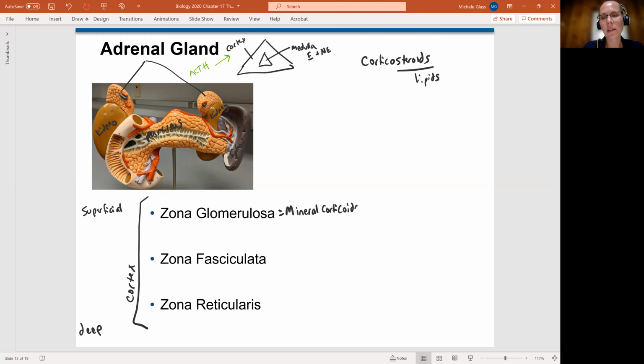And we can abbreviate this whole group as capital MC and then apostrophe S. And we'll see that they're involved in fluid and electrolyte balance.